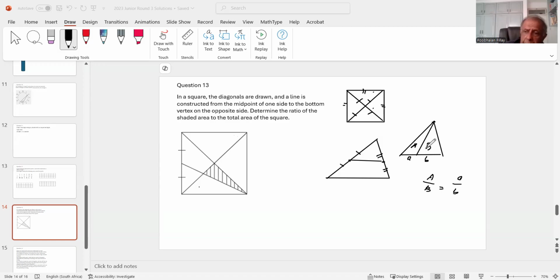When you work out the area of this and the area of that and put one over the other, you're going to get a over b.